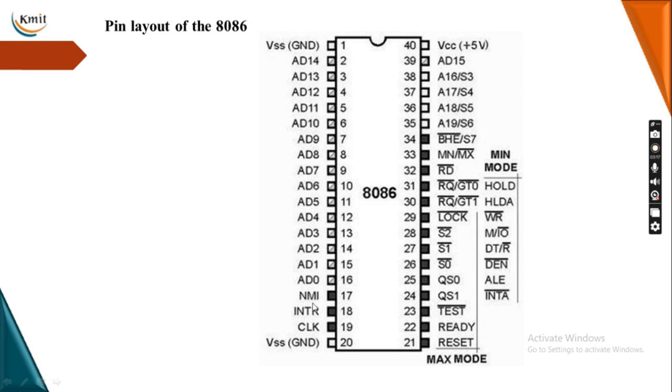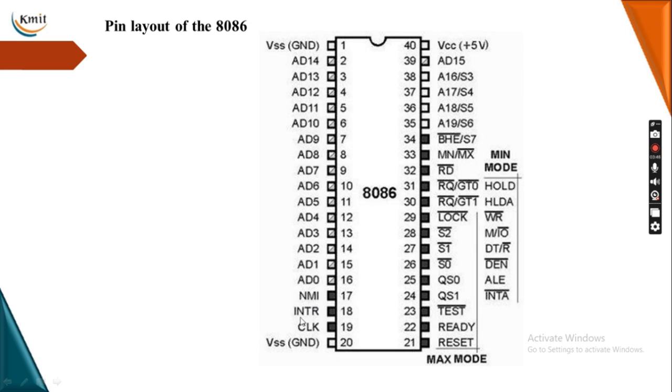Similarly, now coming here we have NMI, the 17th pin, which is called an interrupt pin, whose full form is non-maskable interrupt. Maskable is nothing but hide, so non-maskable means it can't be hidden or removed once it has occurred.